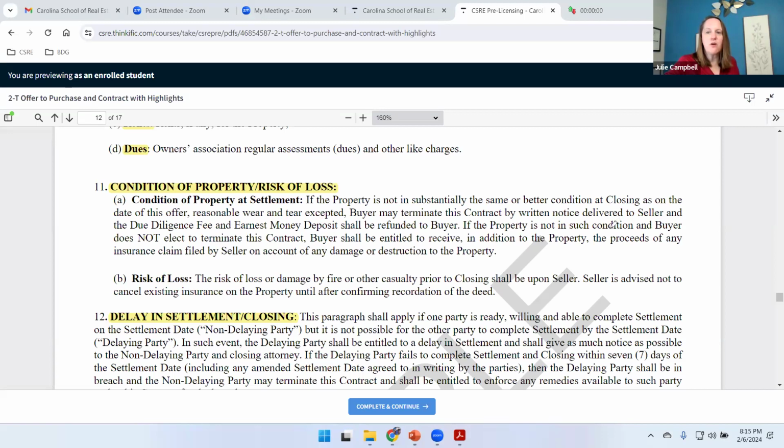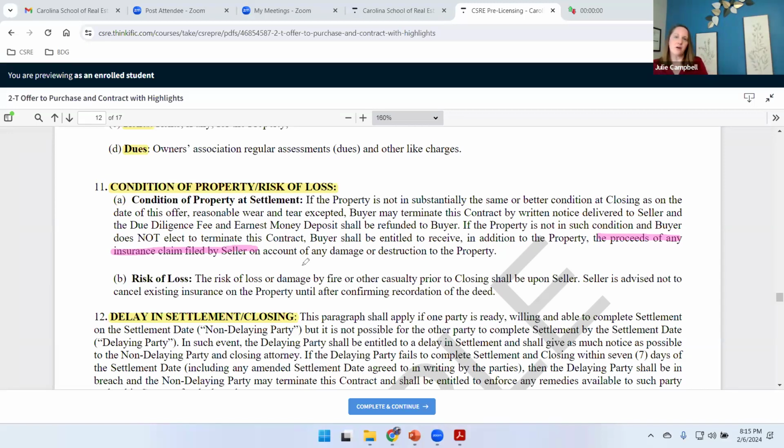And in addition to the property, they get the proceeds of the seller's insurance claim. So if the house burns down or any kind of major damage to the property, it's not the same or better condition, reasonable wear and tear expected, the buyer's got a choice to make.